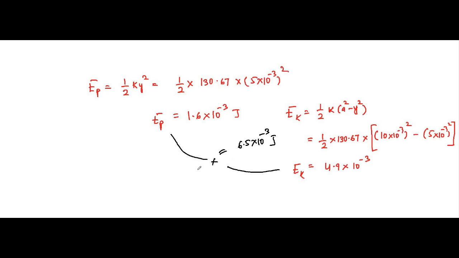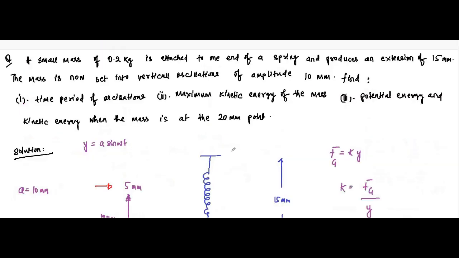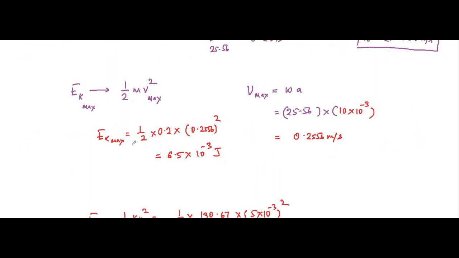This is the total energy. Also, when we calculated the maximum kinetic energy, we found it is 6.5 into 10 to the power minus 3 joule. Kinetic energy is maximum when potential energy is 0.